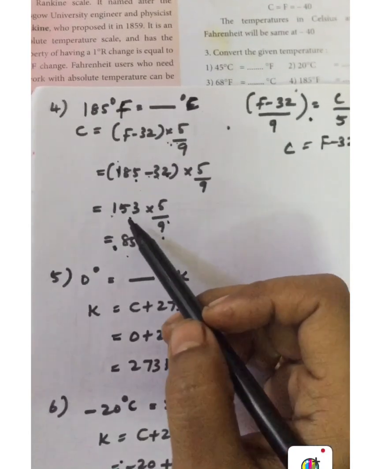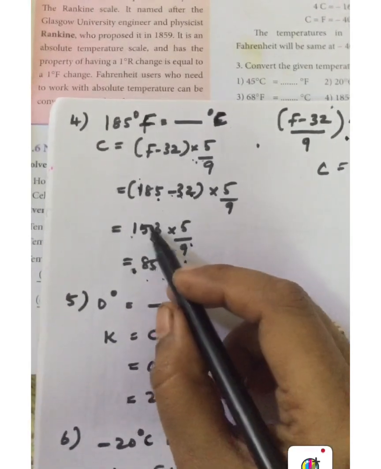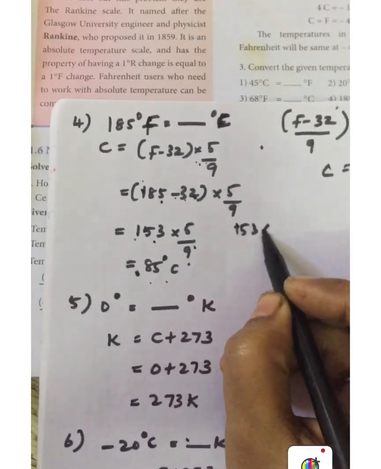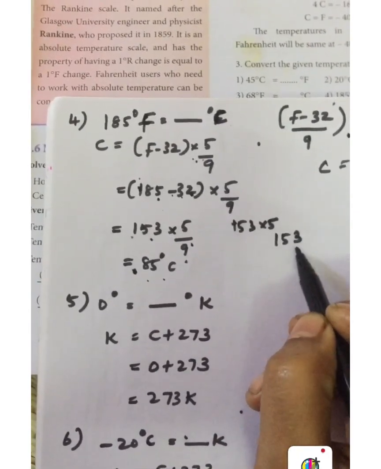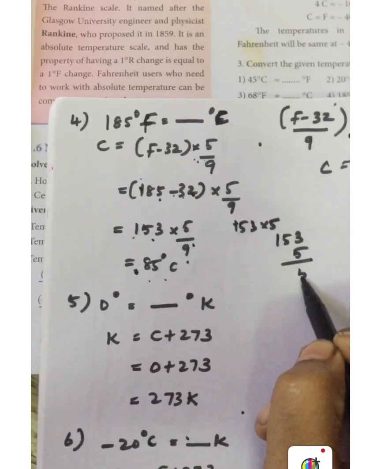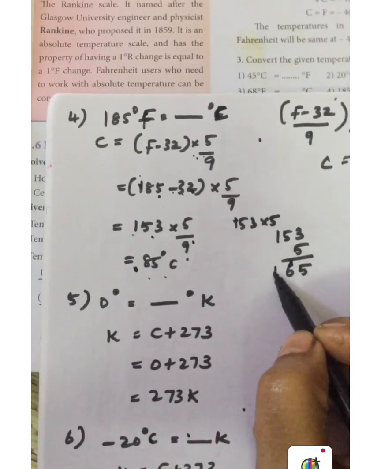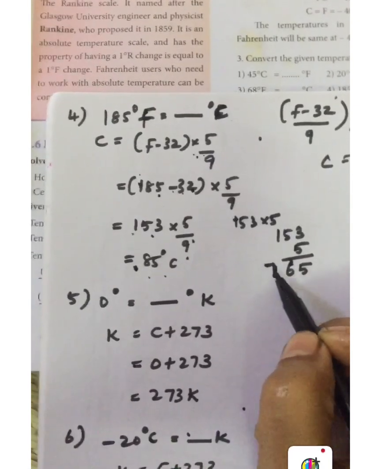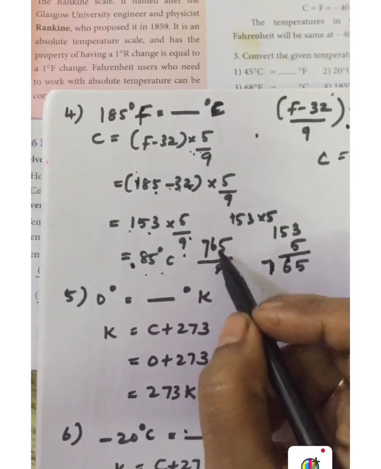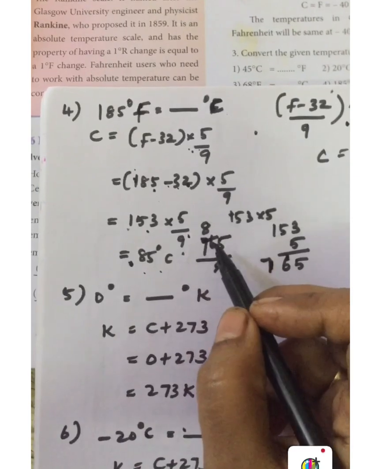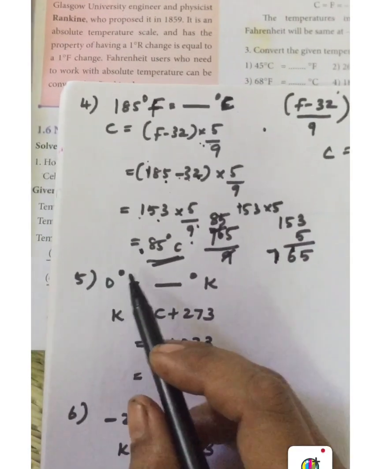When you multiply 153 with 5, we can get the answer. 5 threes are 15, remaining 1; 5 fives are 25, so 26; 1 five is 5, 5 plus 2, 7. So 765 divided by 9. 8 nines are 72, balance 4, so 45. 5 nines are 45, so 85 degrees Celsius.